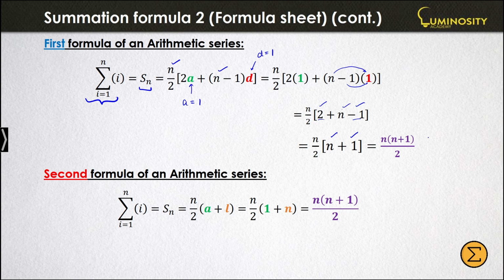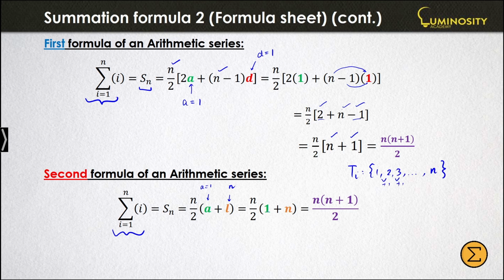We can also use the second formula of an arithmetic series to show that it's true. The sum from i equals 1 to n of the general term i is the same as n over 2 times (the first term a, which is 1, plus the last term l, which is n), because your sequence goes 1, 2, 3, all the way up to n. n is your last term because you kept adding 1.